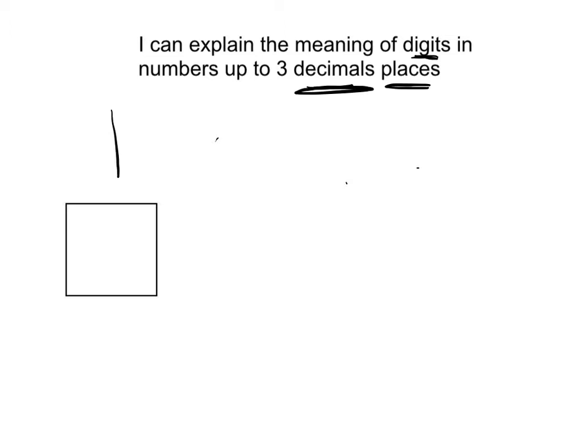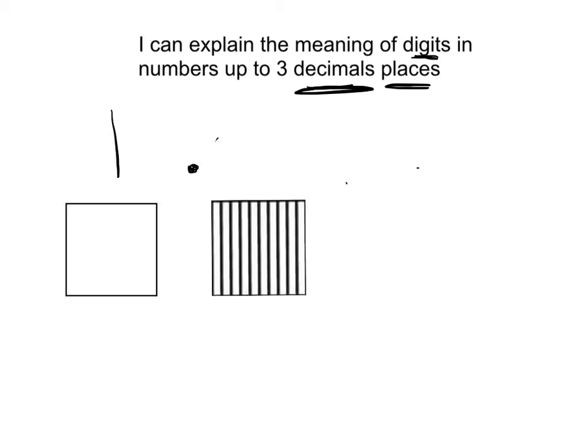Rather than having a whole piece of chocolate, we would end up having what's called tenths. We have tenths, and you can see there are 10 pieces. Each one of these is not one whole, but a tenth of it. So this is called tenths, spelled like this.